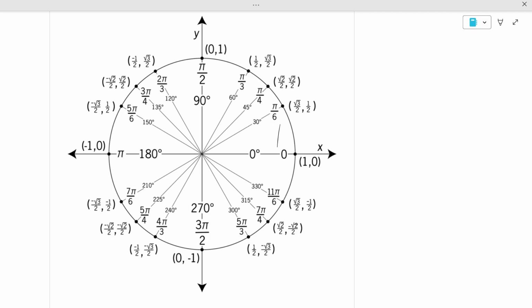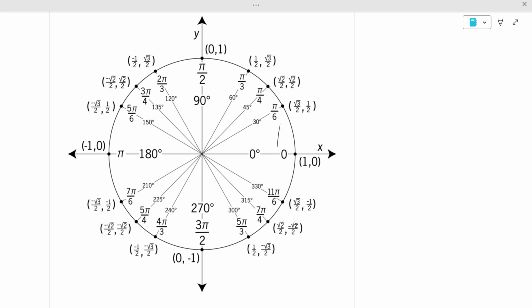Now, when you did this on Thursday, you drew a triangle like this and said, well, this side is square root of 3 over 2, this side is 1/2, and this side is 1. So cosine is adjacent over hypotenuse, which is square root of 3 over 2 over 1, which is square root of 3 over 2.